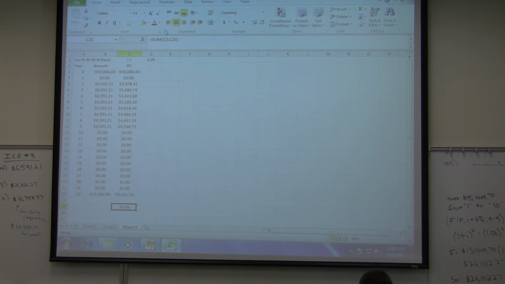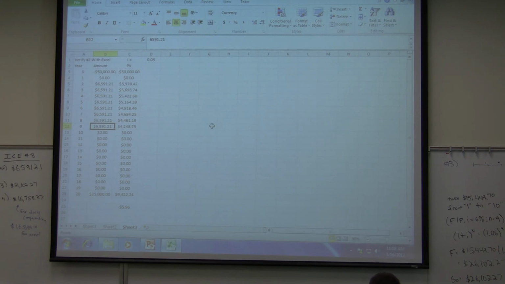What it means is that you put in the 50,000 and then you make all these deposits and withdrawals, you're getting the money back. And when you make that final withdrawal, there's nothing left in terms of the present value. So all the cash flows balance out. The net present value of this cash flow is equal to 0. And that's how you verify that you've got the right amount for all of these years.